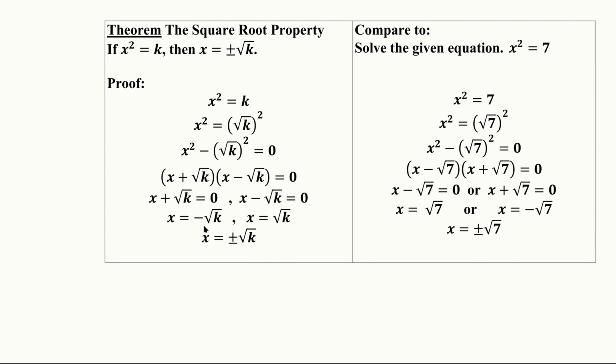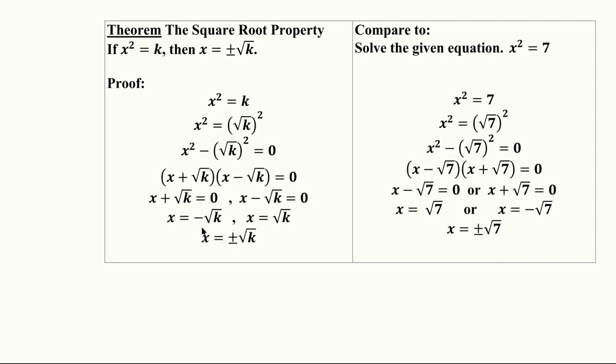Remember, when you have either x equals negative square root of k or positive square root of k, we can write that in this compact form as x equals plus or minus square root of k. Now, that's actually positive or negative, because when you use those as signs rather than operations, we usually say positive or negative, but you have to admit plus or minus rolls off the tongue much better, right? That's why we use plus or minus.